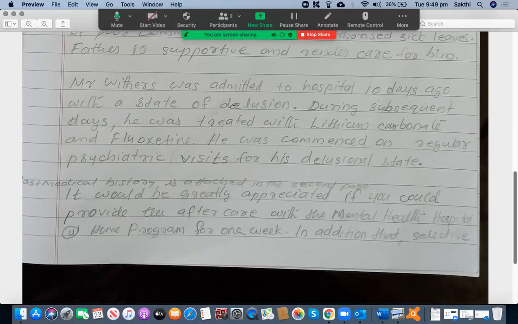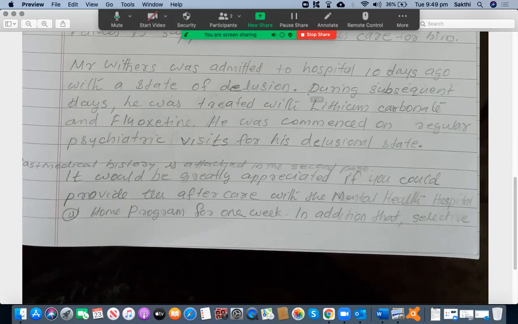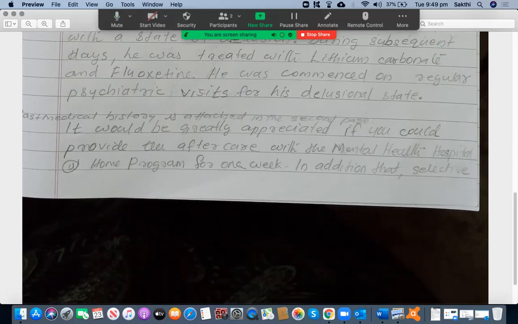During subsequent days, he was treated with lithium carbonate and fluoxetine. He was commenced on regular psychiatric visits for his delusional state. That's good. You know what this one is?